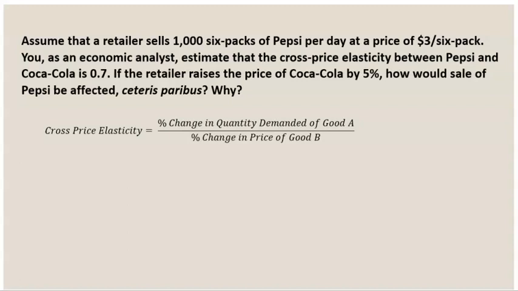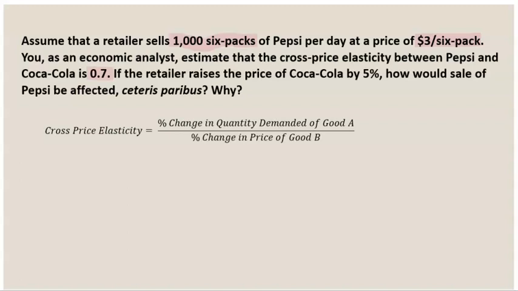We are going to make sure that we have all of our numbers. Just so you see, we have 1,000 six-packs. They're $3 a six-pack. Our cross-price elasticity is 0.7.